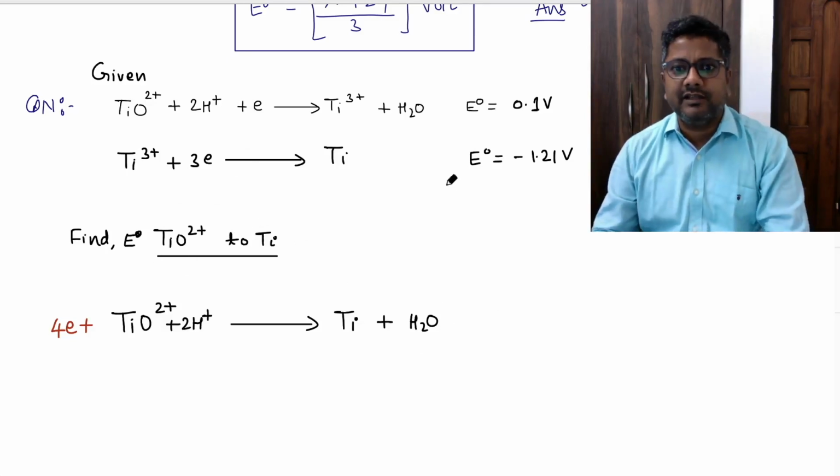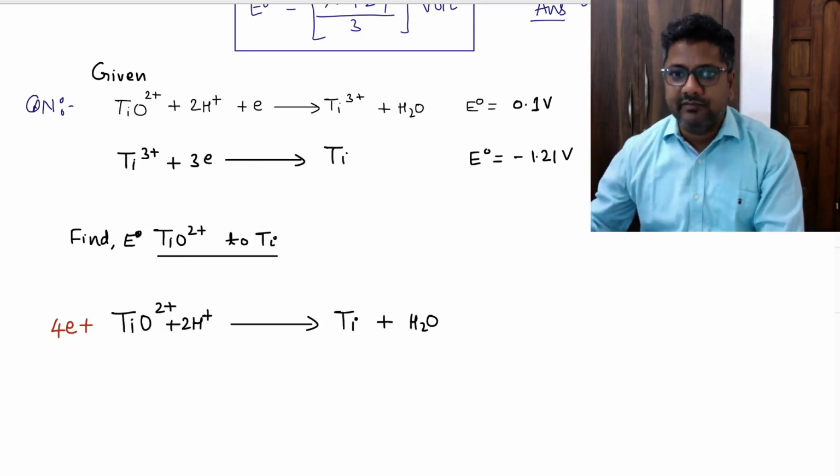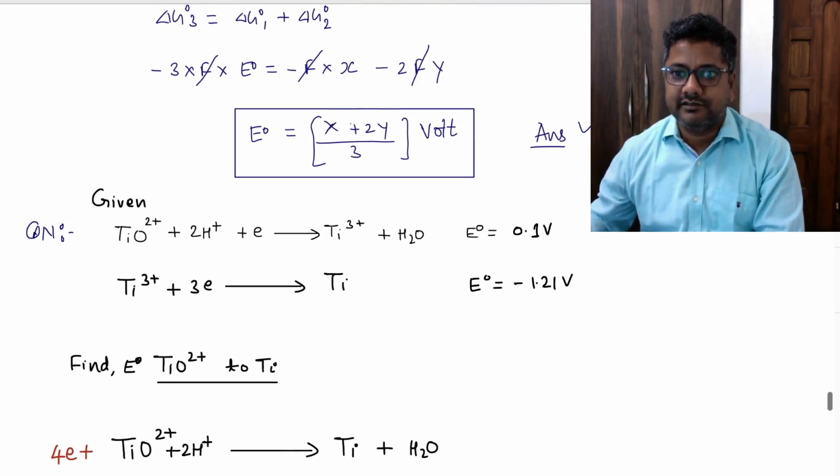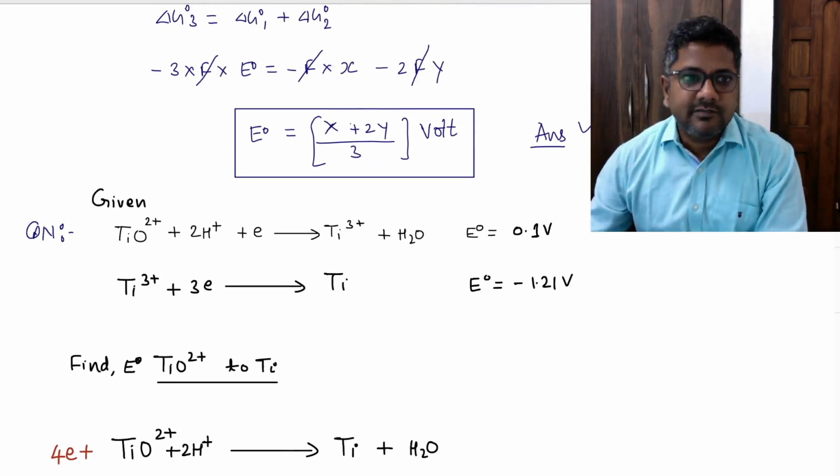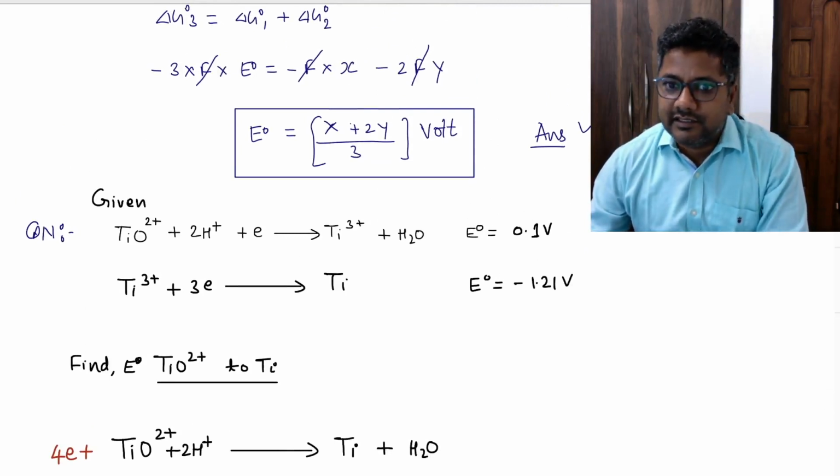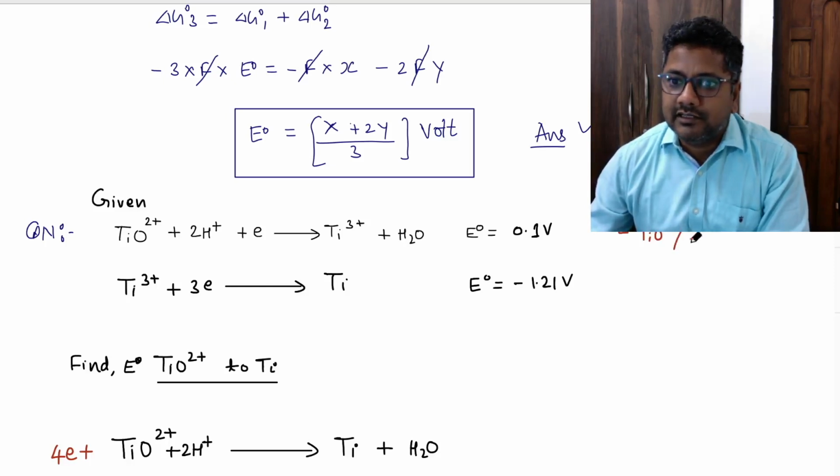Sometimes the same question may be given to you like this. Suppose the question is given like this: E naught for TiO2 plus 2 Ti3 plus.